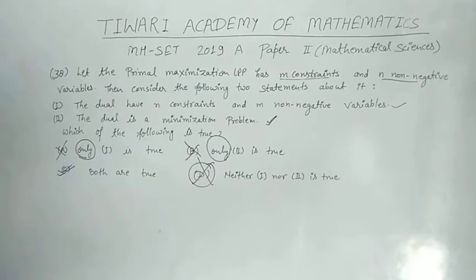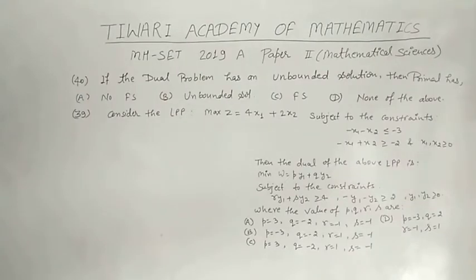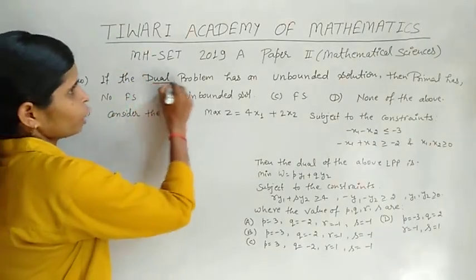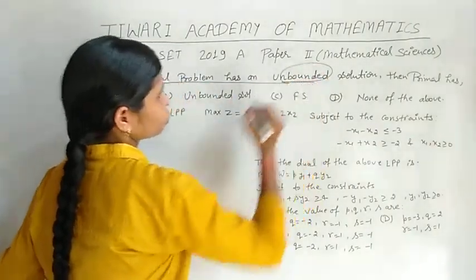Now we move on to the next question, question number 40. The statement of question number 40 is that the dual problem has an unbounded solution.